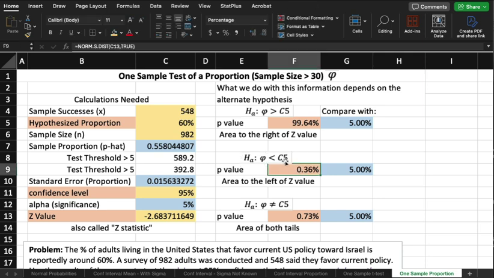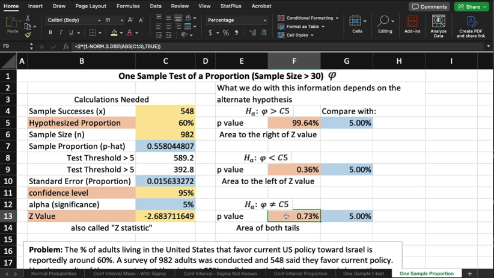For phi less than some number, into cell F9, you're going to type equals norm.s.dist, parenthesis, C13, comma, true, close parenthesis. And again, that's the p-value for the alternate hypothesis that we're actually interested in, phi is less than 0.6, right? So we're going to be looking at that in a moment.